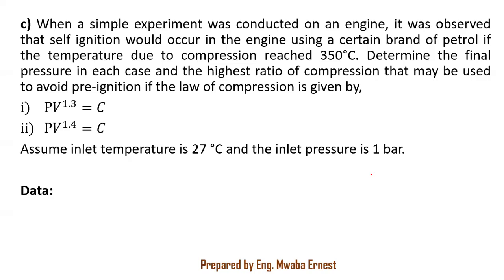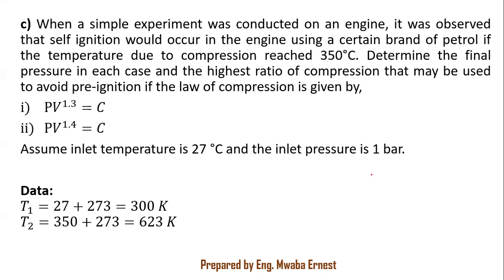Now let's bring together the information. Temperature 1, which is 27, we add 273 so we can convert it to Kelvin. So it becomes 300 Kelvin. Temperature 2 is 350, add 273, you have 623 Kelvin. Pressure 1 is 100 kilopascals, so it's 100,000 pascals.